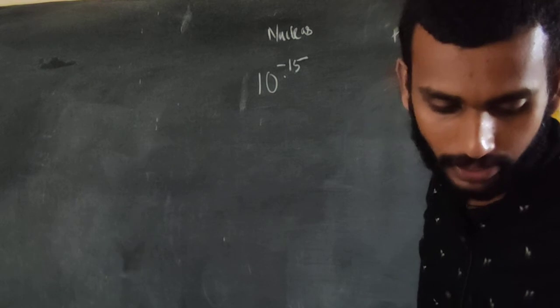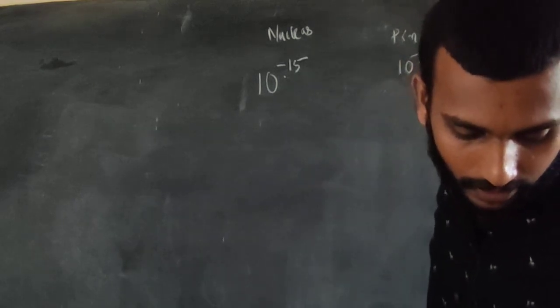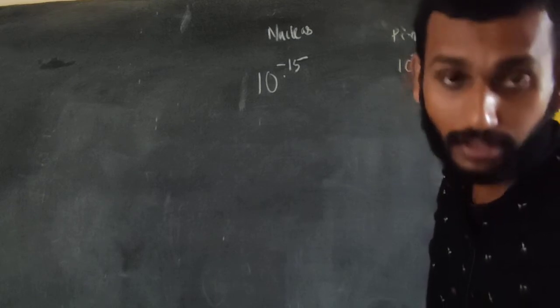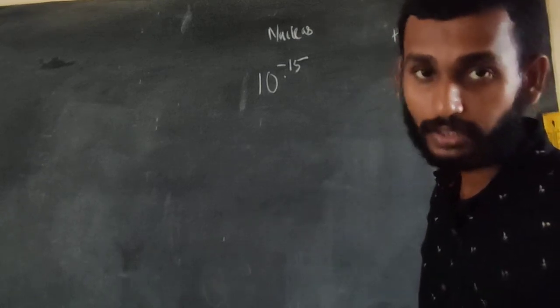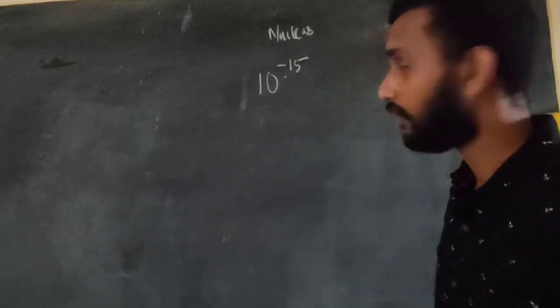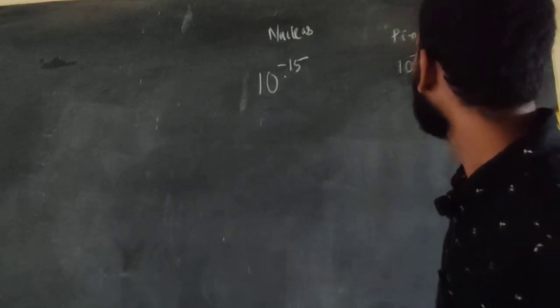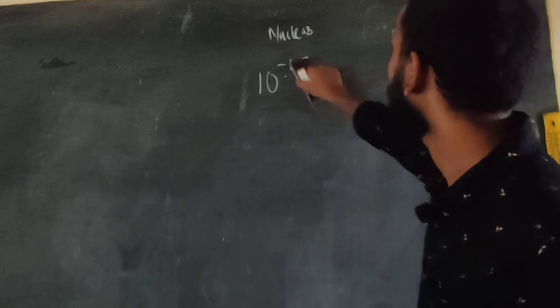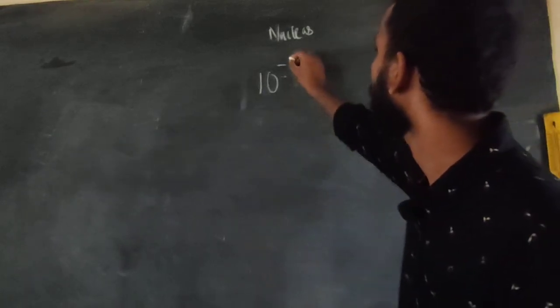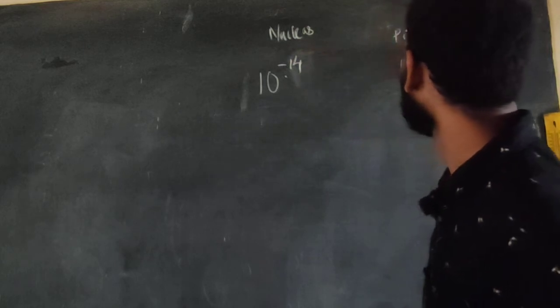I am considering the maximum value only. It is given as 10 to the power minus 5 to 10 to the power minus 4 and 10 to the power minus 15 to 10 to the power minus 14. So, the maximum values will be minus 14 and minus 4 now. Okay, no problem.